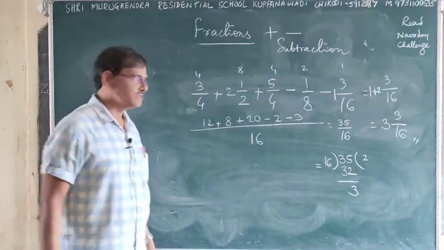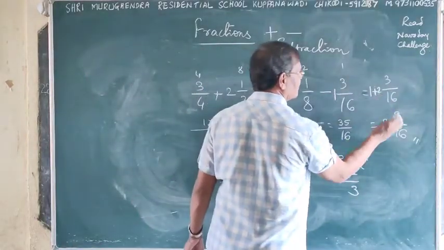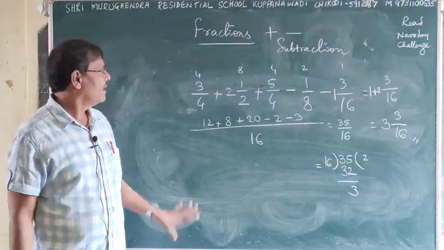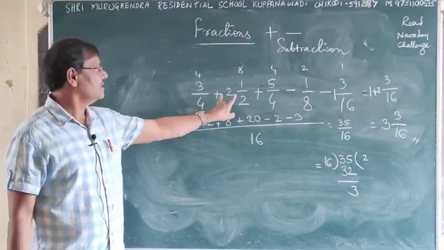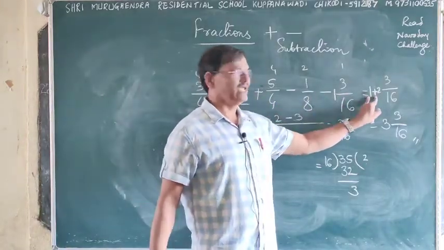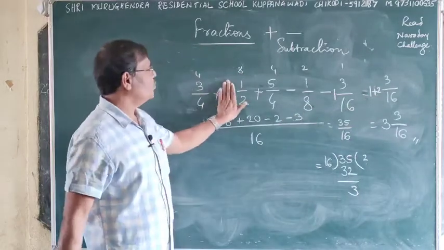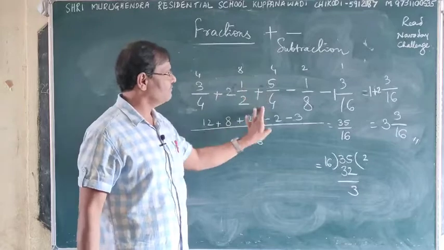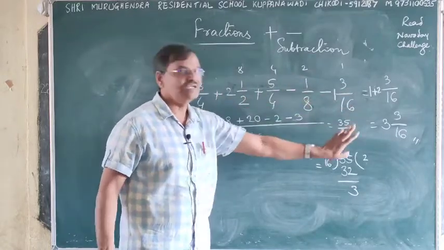Like this, some mental calculation is also possible, from a mental calculator also you can do. Okay, first integers we have to take. 2 minus 1 is 1 we kept. Then 2 and 1 are gone. 3 by 4, 1 by 2, 5 by 4, 1 by 8, 3 by 16 remained.